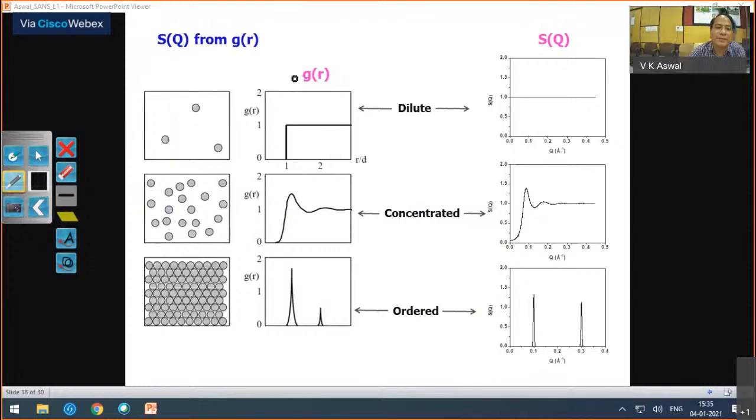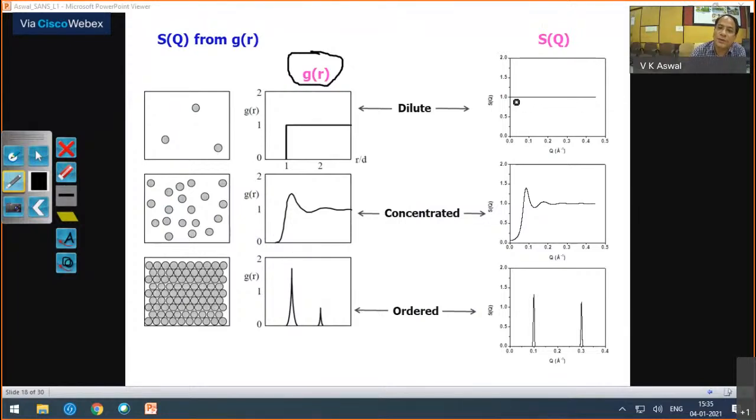So if you have different G of R, what will be the corresponding structure factor in your system? For a dilute system, if your G of R is this, your structure factor will be flat, so basically 1. No structure factor means S of Q will be 1.